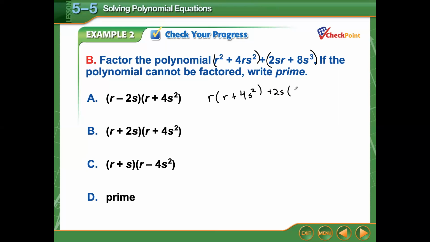And we would be left with r plus 4s squared. So r plus 4s squared would be one. Our parentheses match, and then we'd have r plus 2s, which would be B.